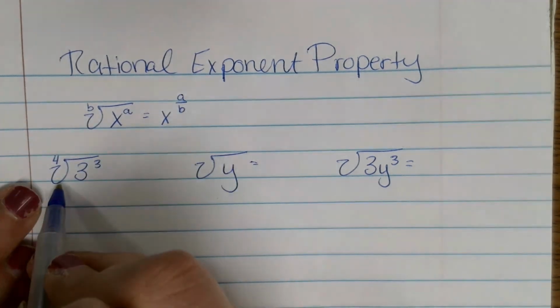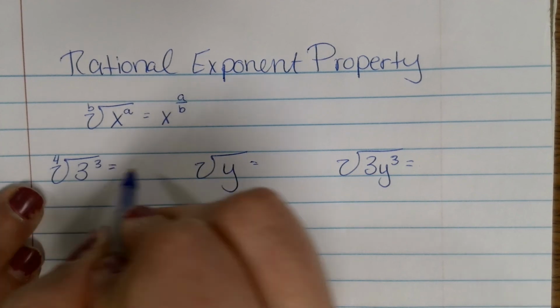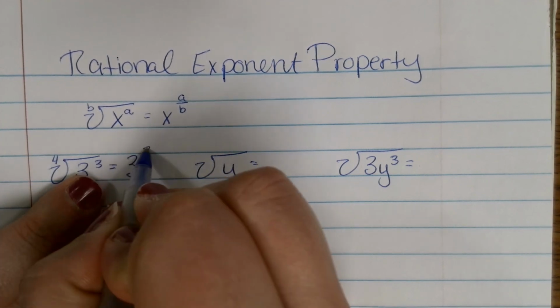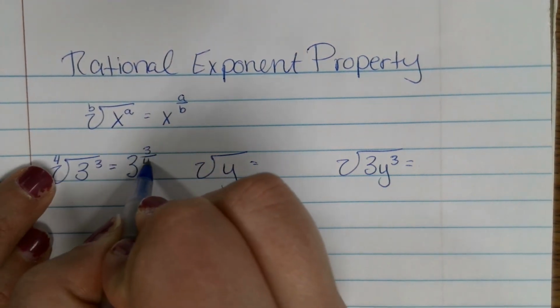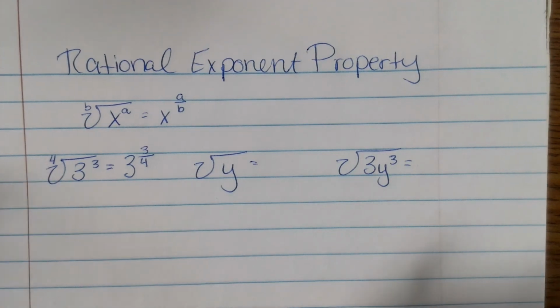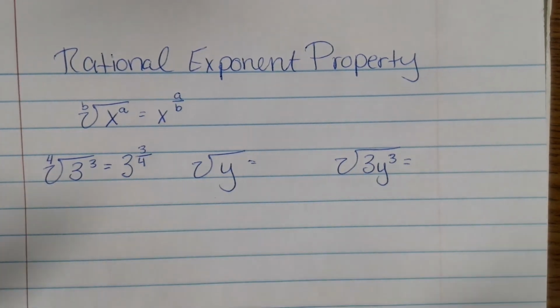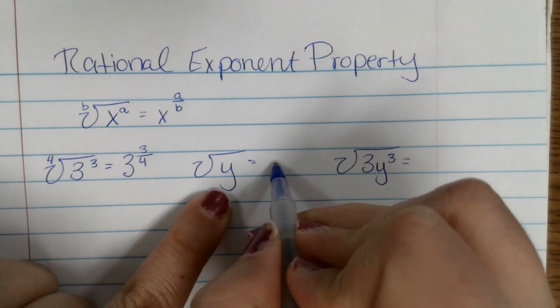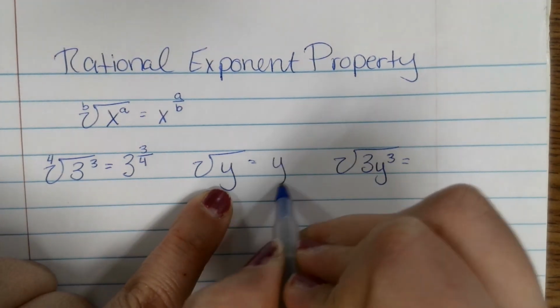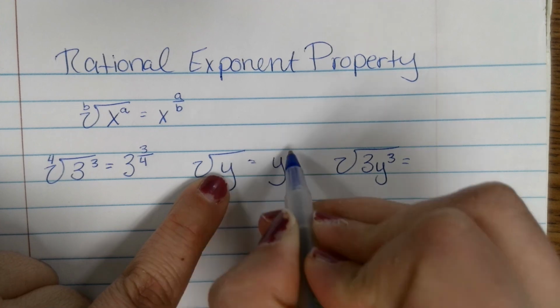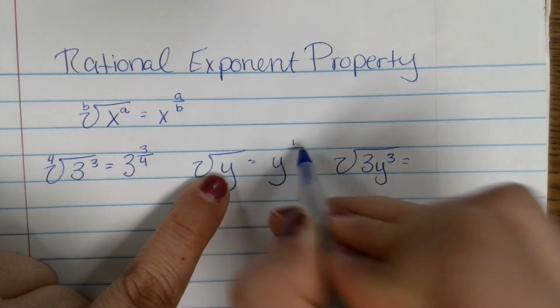So, if I was going to take this one, I would end up with 3 exponent over index. And then I could solve it. Because that's a real number, I can get a real number as my answer. For this one, I would say y, if there's no number there, my exponent is an understood 1.